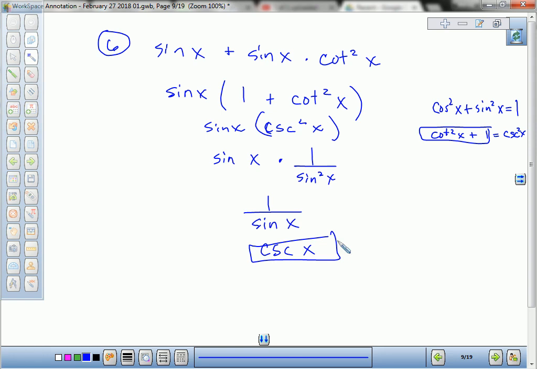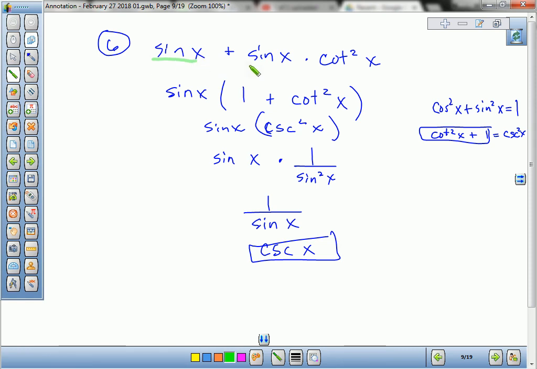Wait, how'd you factor that? Okay, so what I noticed was, at the very beginning of the problem, it had a common factor of sine of x. So I factored out that GCF. It left me with 1 plus cotangent squared x.